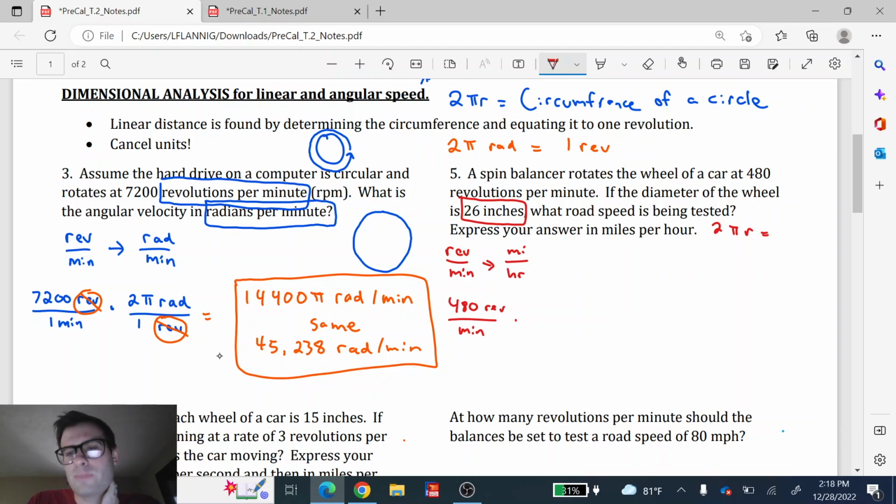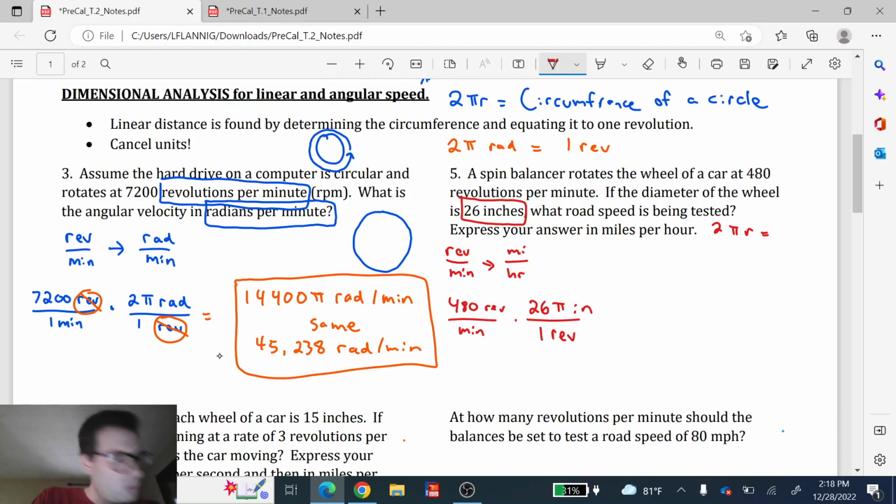So we have 2 times pi times 13, which is 26 pi. So we know we have 26 pi inches over 1 revolution. It takes 26 pi inches to go 1 revolution around the spinner balancer.